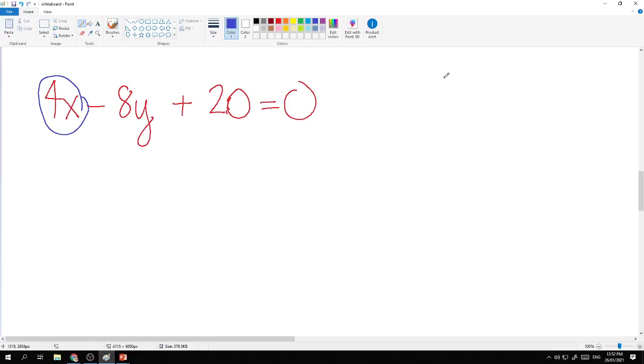We will write y equals mx plus b. This is the right side. Sorry, this is the left side. The right side should contain y. Sorry, I got mixed up, this is the left side and this is the right side.